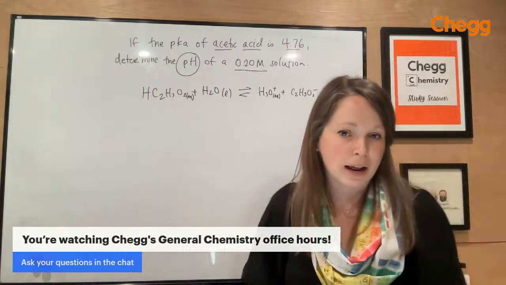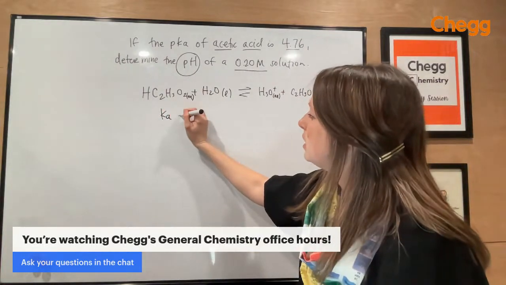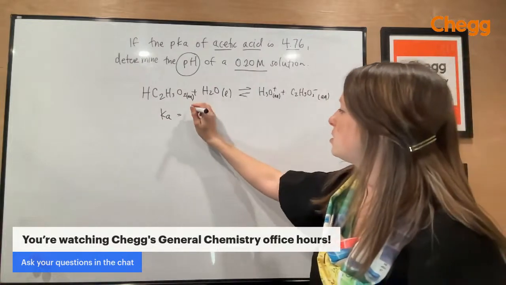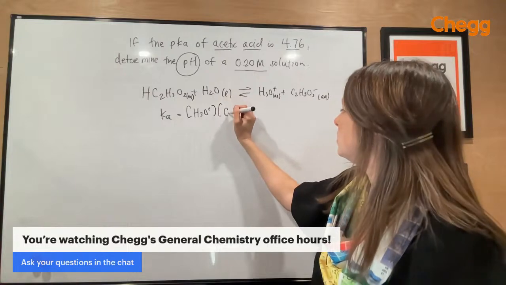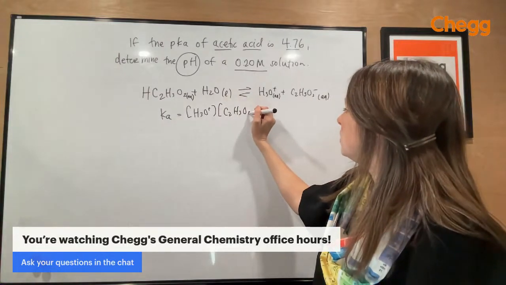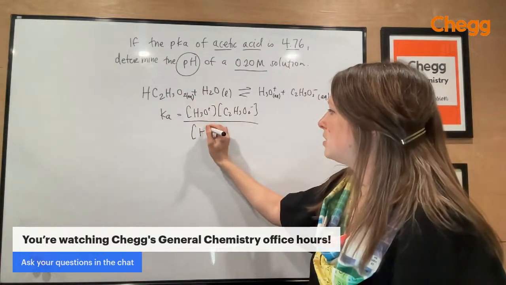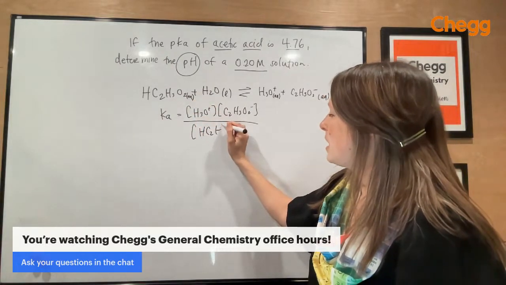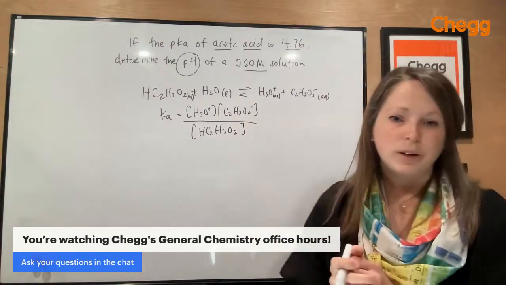So now if I wanted to write out my Ka expression, my acid dissociation constant, right? It's going to be equal to the concentration of my products divided by the concentration of my reactants. Notice I'm not including water in this. Why am I not including water?